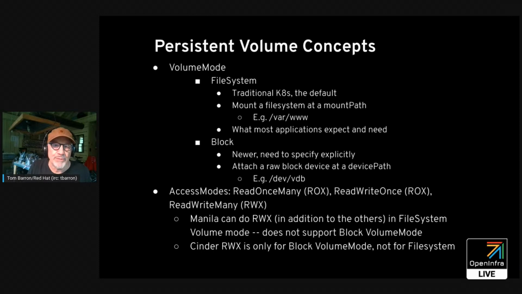That was all done for you with file system mode. Now you can do block and just get /dev/vdb if you want. Most of the applications that people run, if you look at, for example, the OpenShift catalog of applications, assume file system.